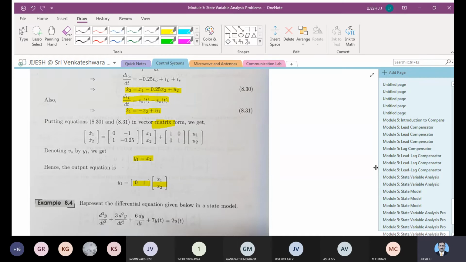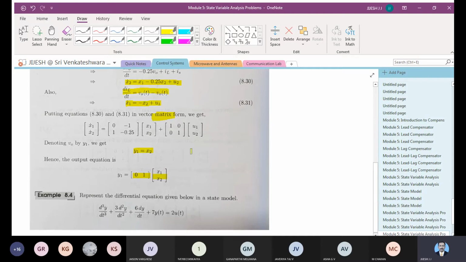Till now we have done all three problems based on that, but there is a chance that you can be given a differential equation and asked to find the state model. This is a different pattern of question which can be asked.